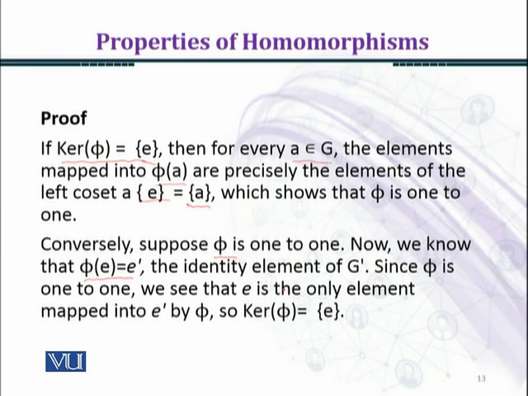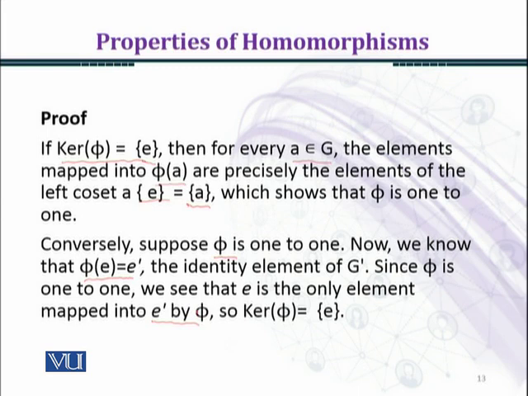And here we denote E prime by the identity element of G prime. Since phi is 1 to 1, we see that E is the only element mapped into E prime by phi. So, we shall obtain in kernel phi the single element E.